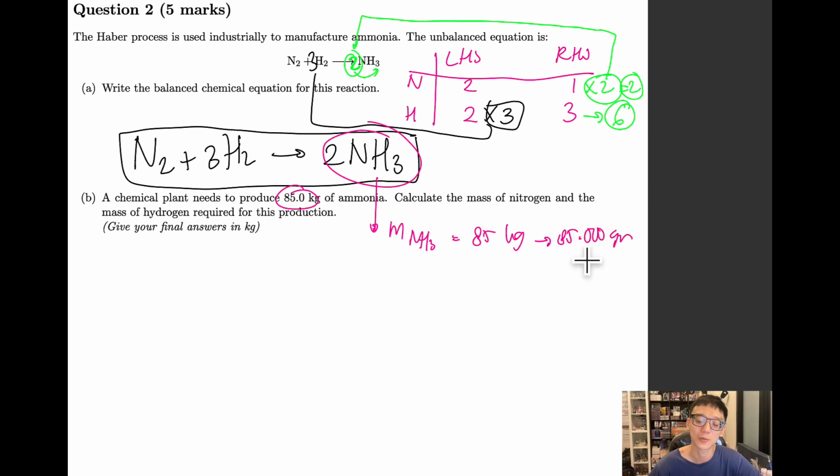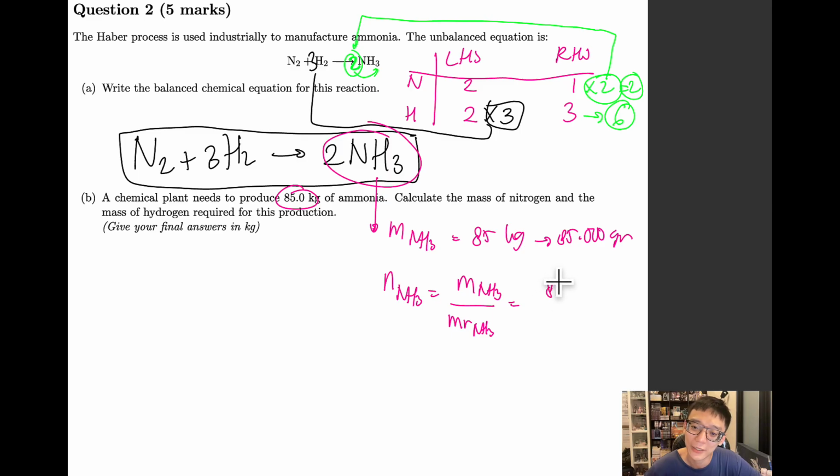I prefer in grams. Or, you can use kilomole. That's okay. But that's not very common. But for the sake of simplicity, I convert this to gram. So now I can find the mole of NH3, which is the mass of NH3 divided by the MR of NH3.